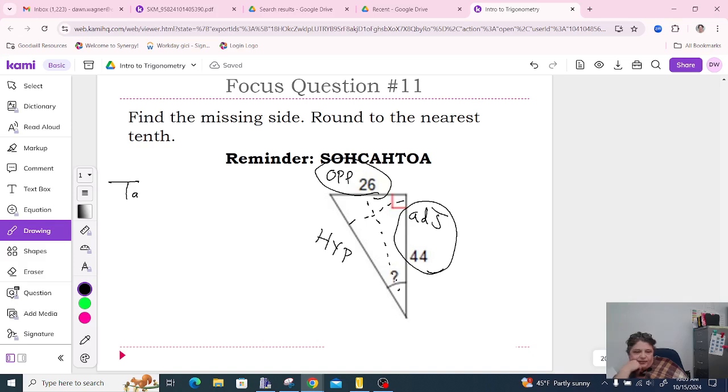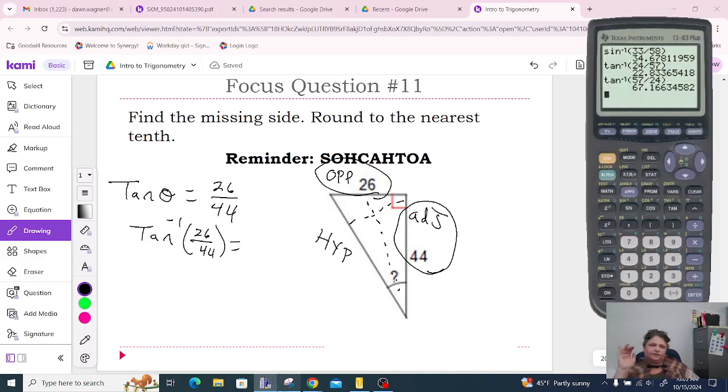So tangent theta is equal to opposite over adjacent. So it's 26 over 44. Now your calculator will handle it. So just go second on your calculator and put 26 over 44 in there. What do you get? 90.5.